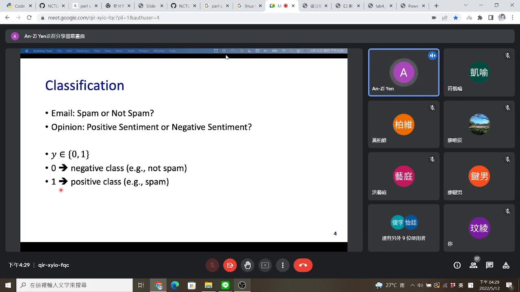And another classification problem is called a multi-class problem, because in multi-class classification problems, we have more than two values to predict. So maybe we have three values like 0, 1, 2.